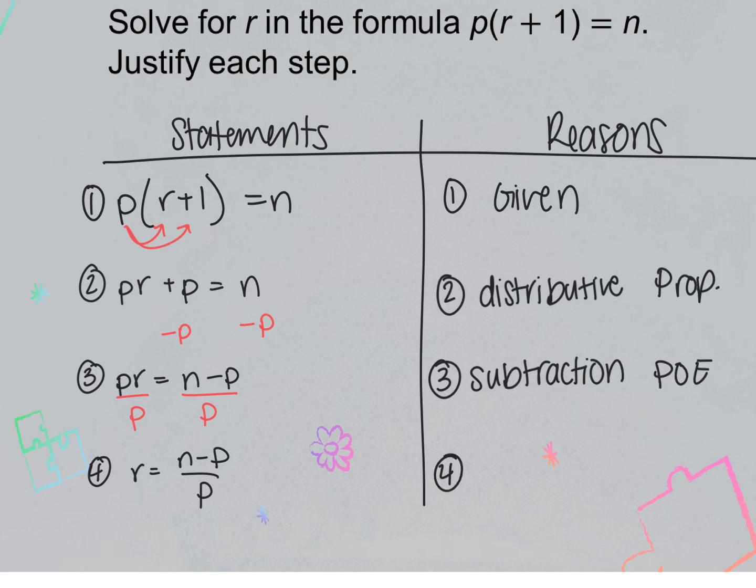And then my last one, 4. Leilani. Division. Perfect. Equality. Yep, you're good. Division, POE. Okay, property of equality, short, POE.